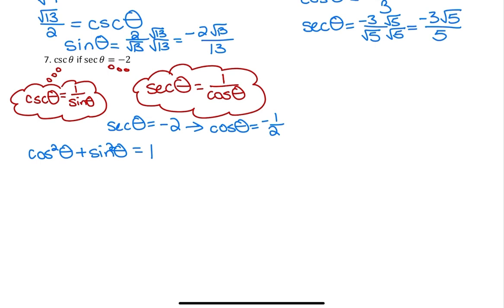We can replace cosine in this problem with negative 1 over 2 squared plus sine squared theta equals 1. Negative 1/2 squared is positive 1/4.